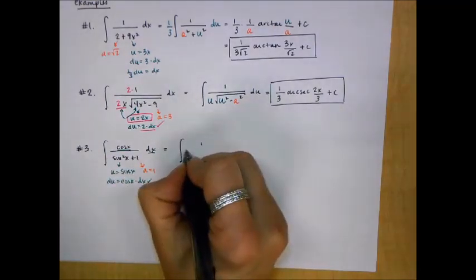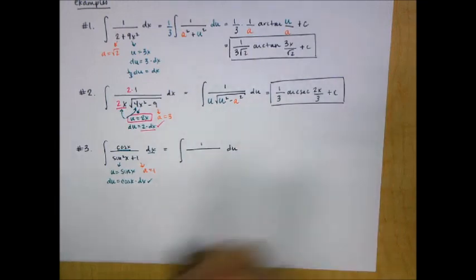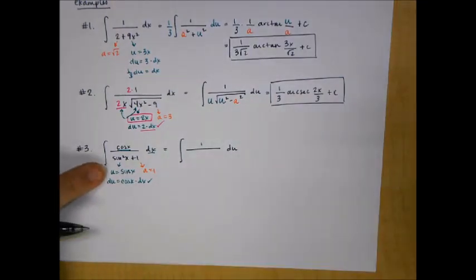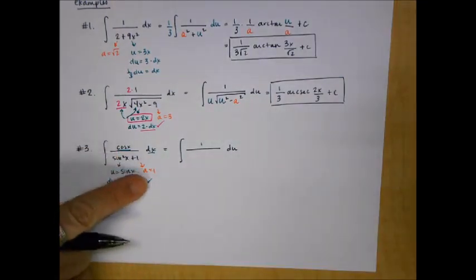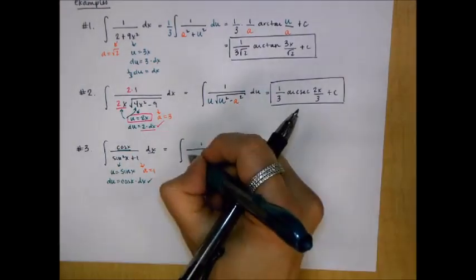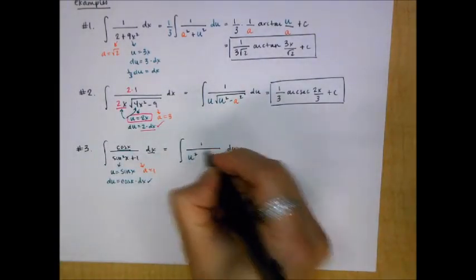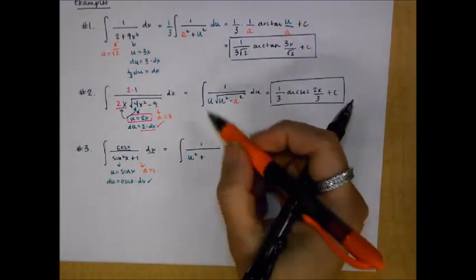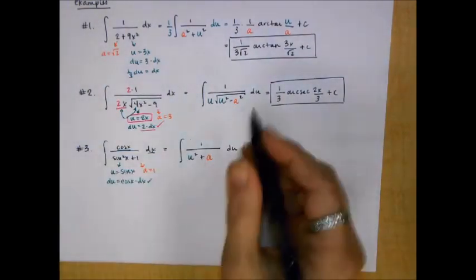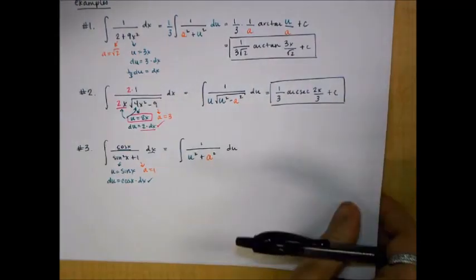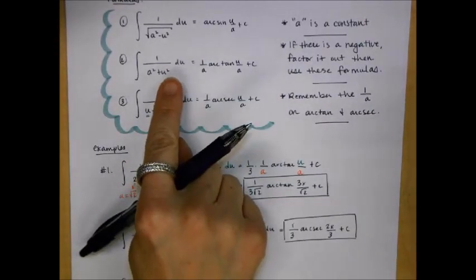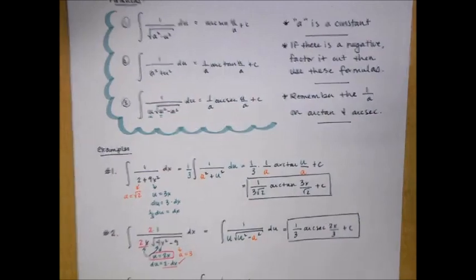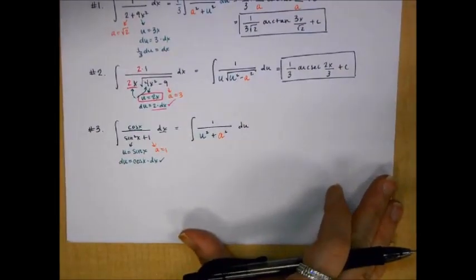And in the denominator, I have u squared plus a squared. So my formula said a squared plus u squared, but because it's addition, which is commutative, it can be written either way. And we're ready to integrate.